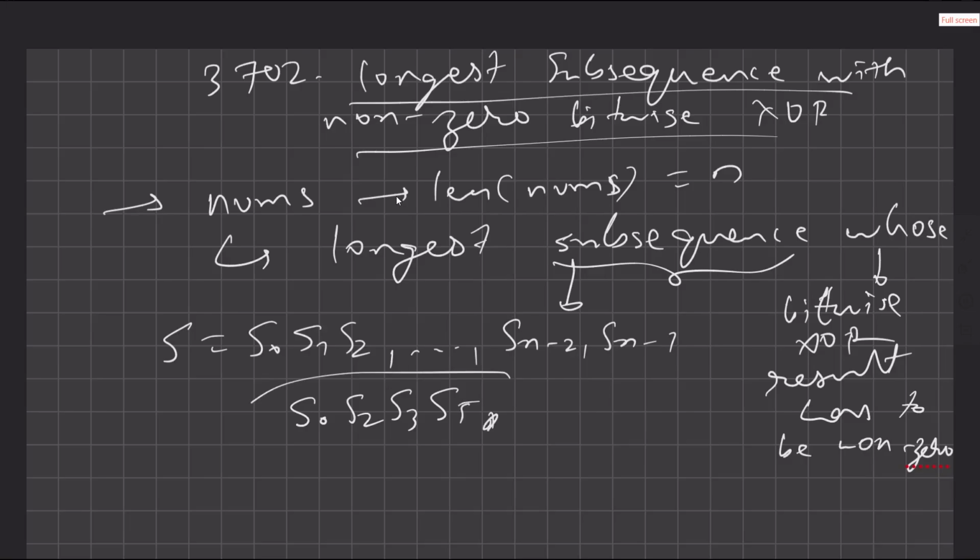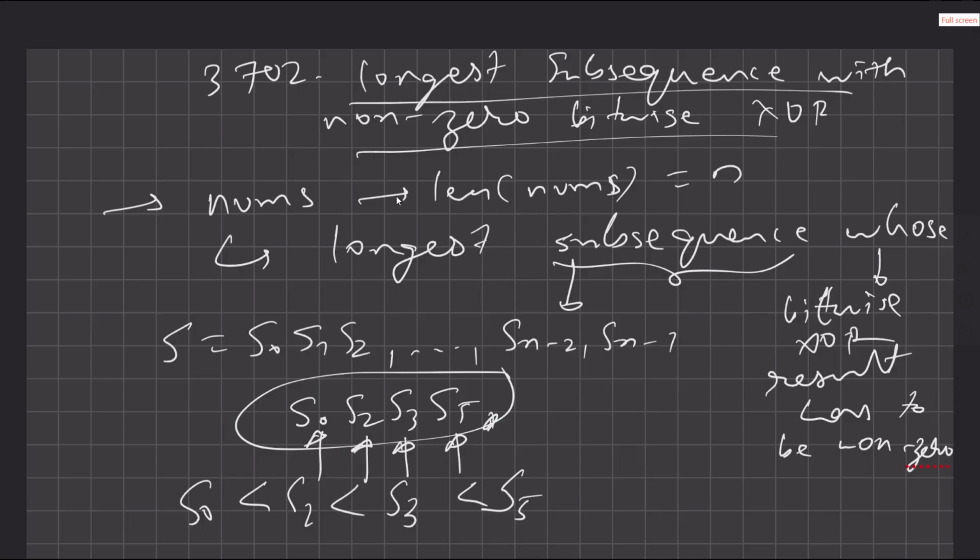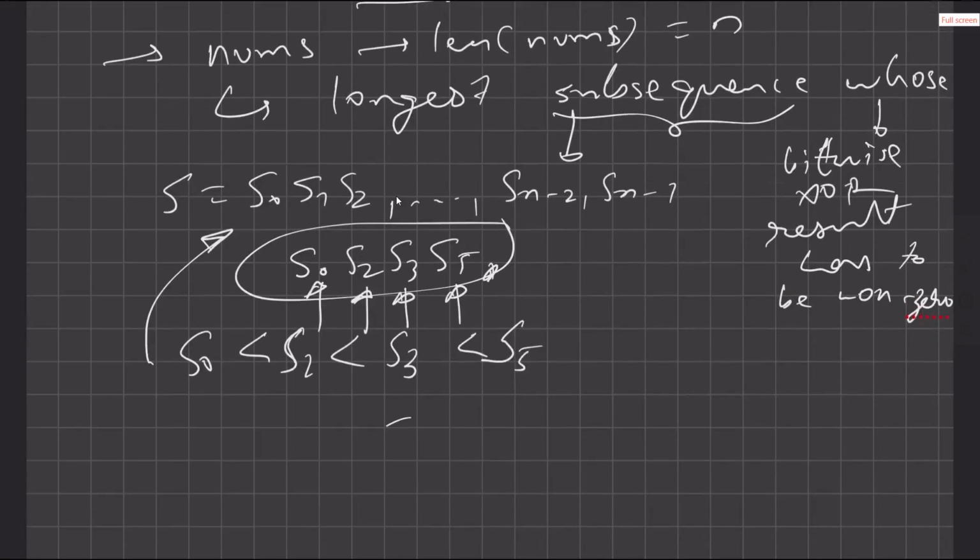The reason is that the ordering of each character in the string is the same. Here, s0 comes before s2, and it comes before s3 and before s5, as in the original string. So we can think of it as a subsequence. And you cannot say s0, s3, s2, s5 is a subsequence because here the ordering is not maintained.